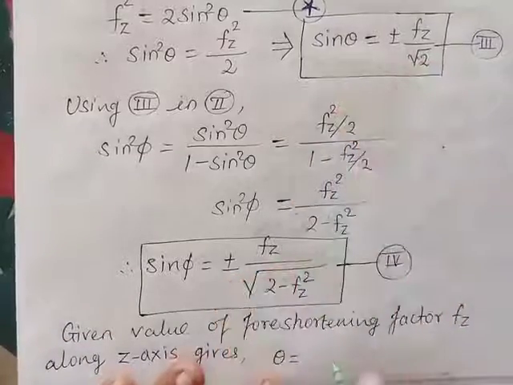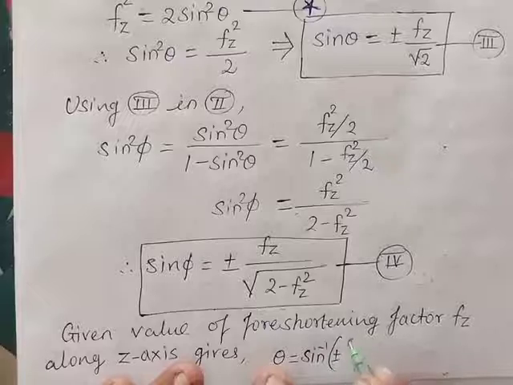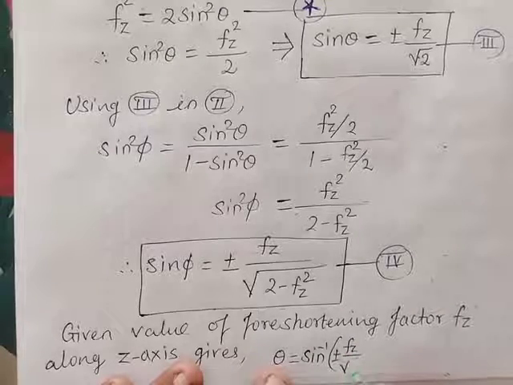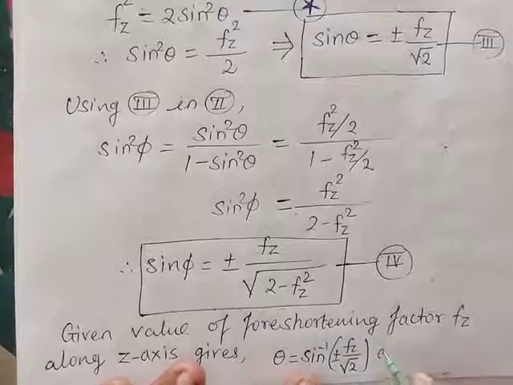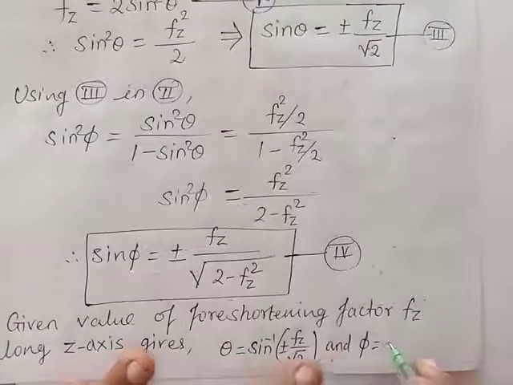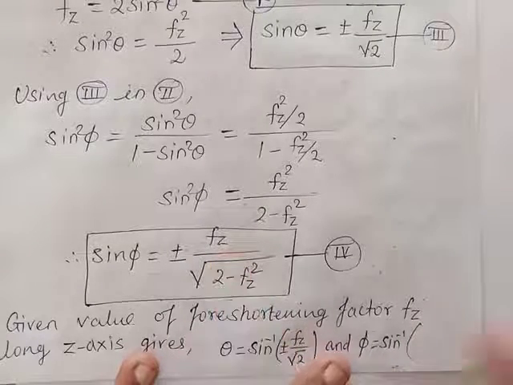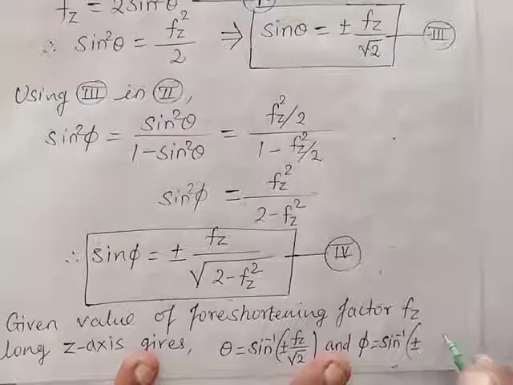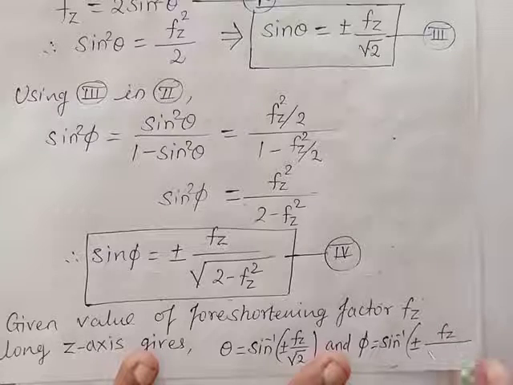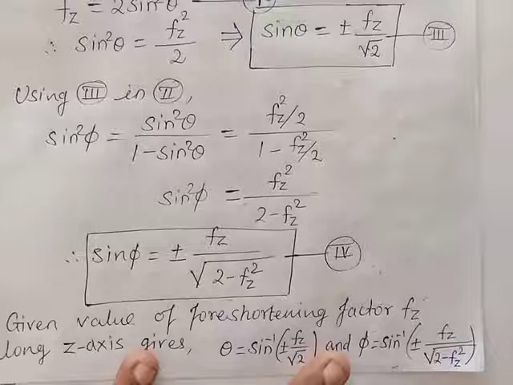Theta equal to sin inverse of plus minus Fz upon root 2, and phi equal to sin inverse of this, plus minus Fz upon root of 2 minus Fz square, this one.